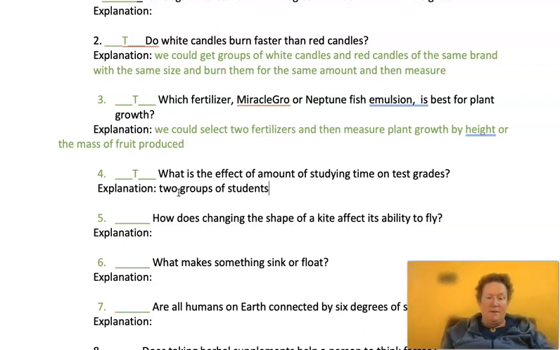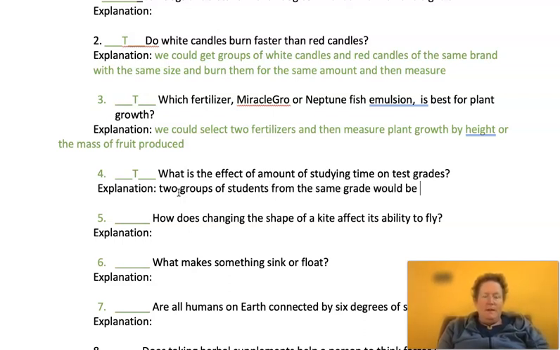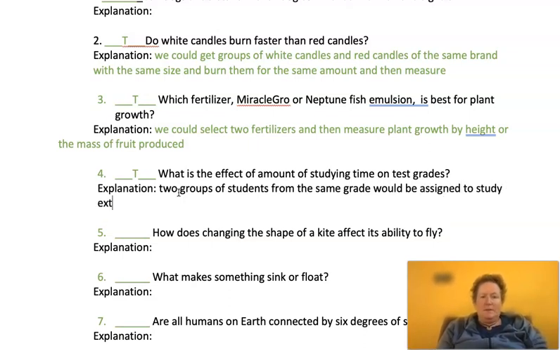That wouldn't be fair because 10th graders would typically do better because they're older. 2 groups of students from the same grade would be assigned to study extra in a study hall or watch a movie. We'll say fun movie so we know it's not about the subject. And then both take a test.